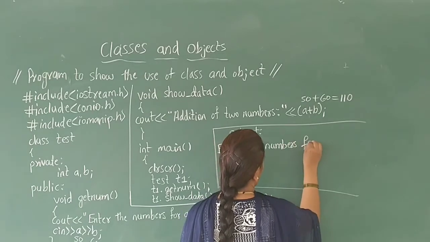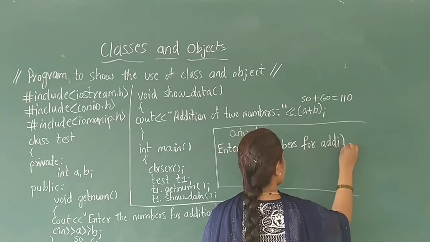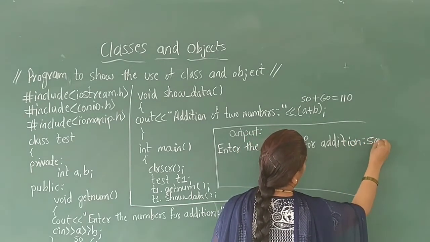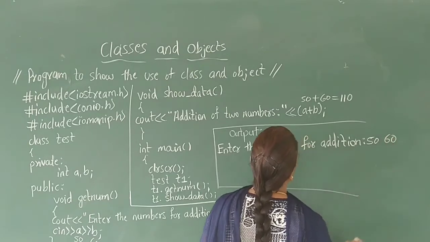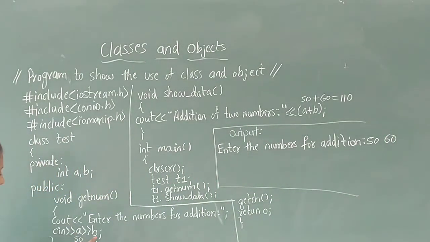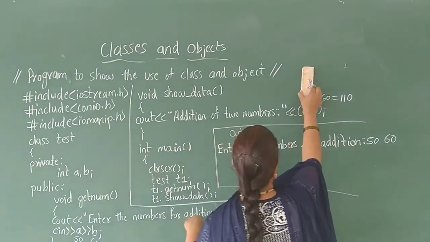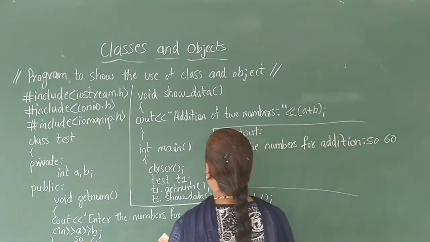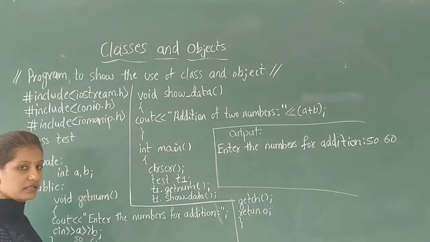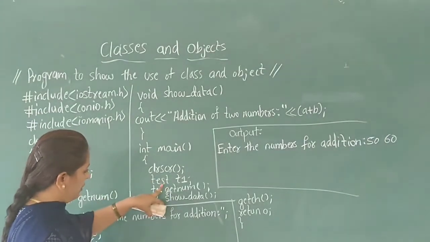Suppose you enter the values 50 and 60, then the a value is written as 50 and the b value is written as 60. Then this function is closed and control comes back to the main function.